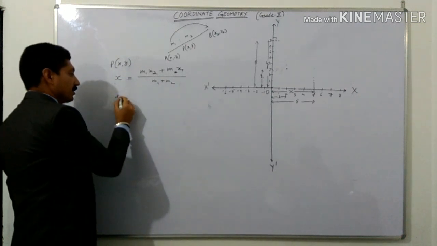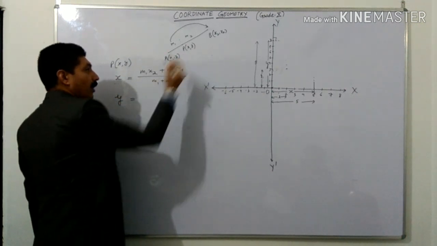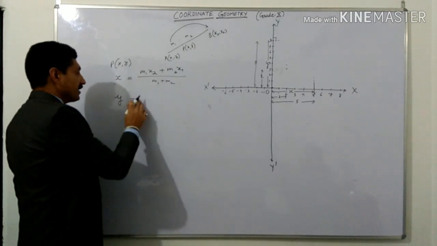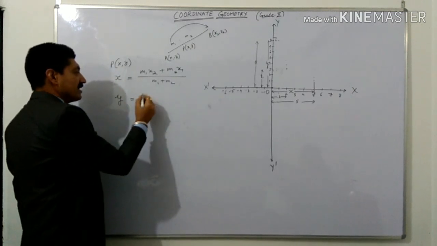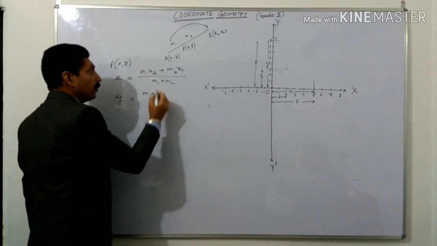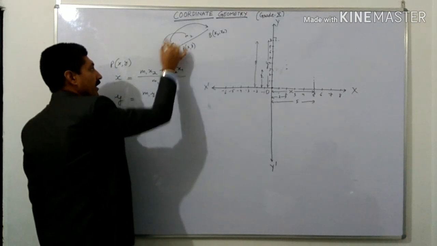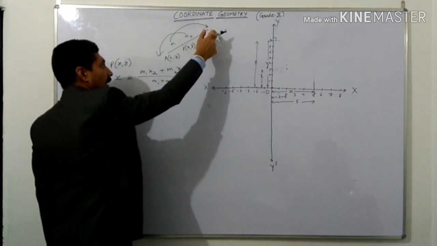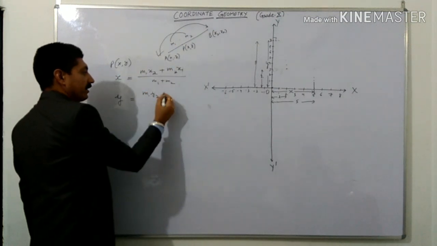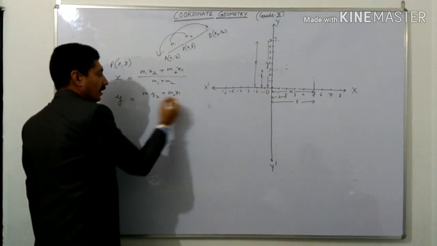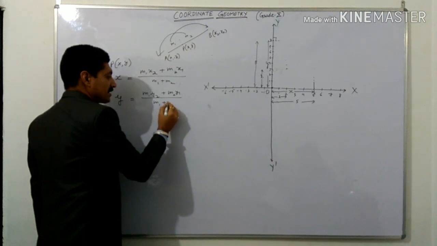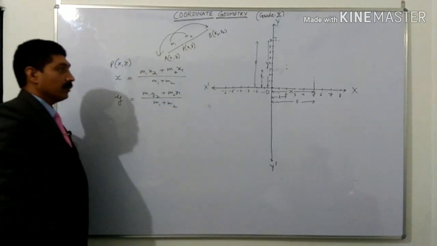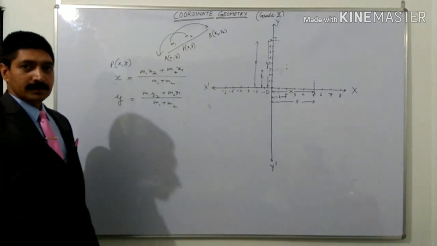Similarly for the y coordinate, it is m1 y2 plus m2 y1 upon m1 plus m2. Now this is the section formula.